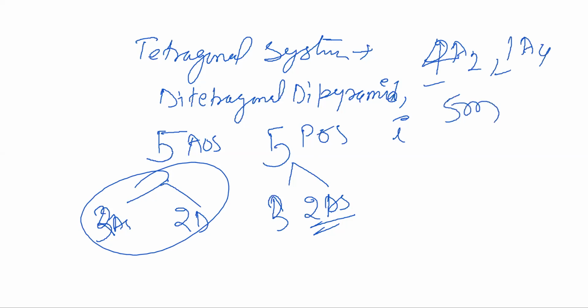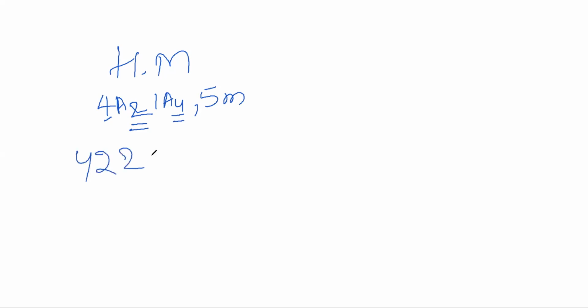So if we have to calculate the HM symbol, we require 4 axes of 2-fold symmetry, 1 axis of 4-fold symmetry, and 5M. How many times do we have to write 2? 4 times. And how many times 4? 1 time. So 4, 2, 2, 2, 2. And 5 times M, 1, 2, 3, 4, and 5.